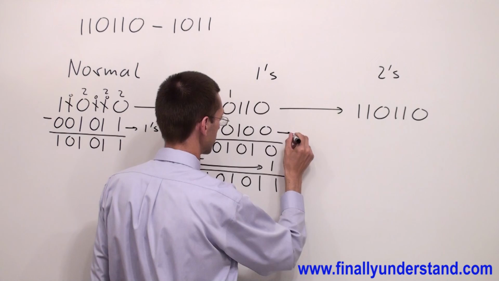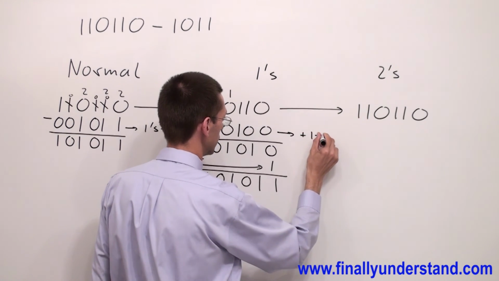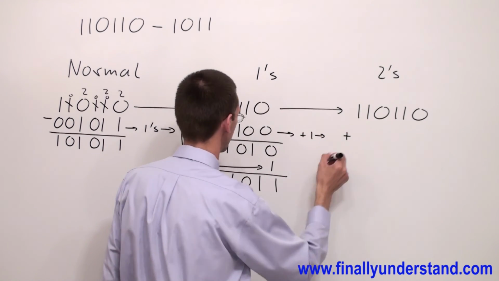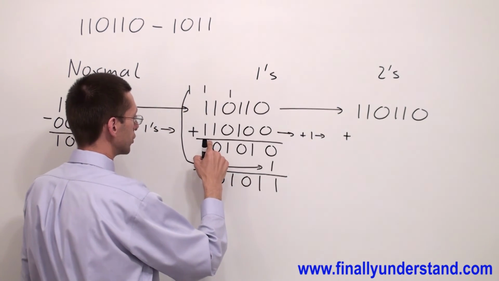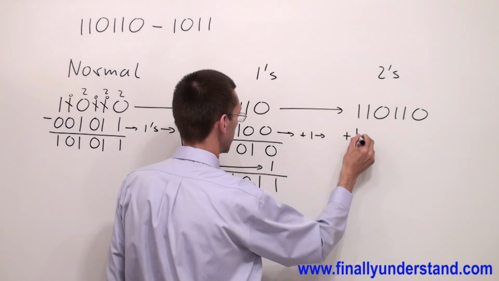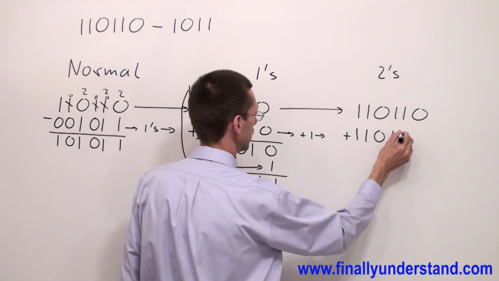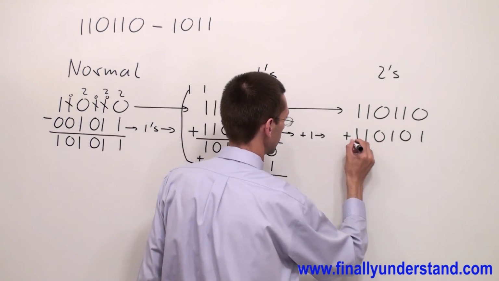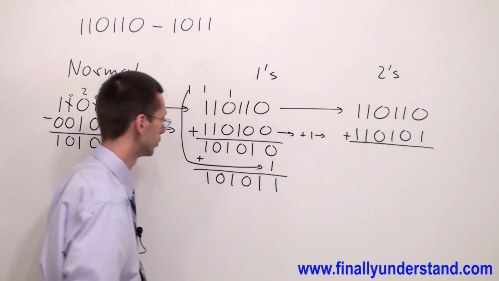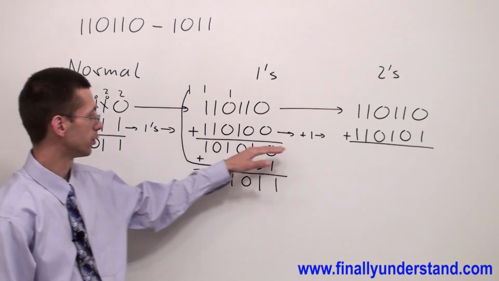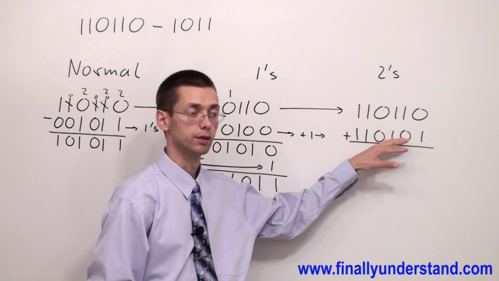So I'm simply supposed to add 1 to the second number, and I'm supposed to keep addition. So I'm going to have 1, 1, 0, 1, 0, 1. If you add 1 to this number, you are going to end up with this.